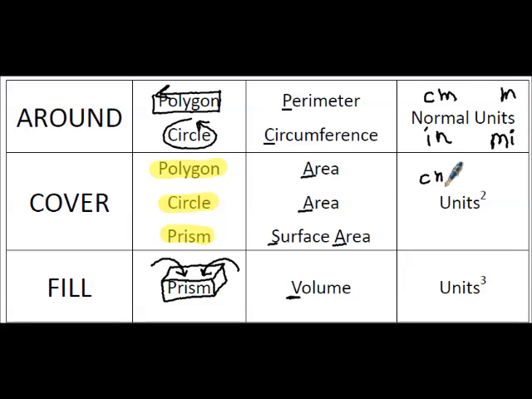And if I'm covering something with squares, I'm going to have units squared. So centimeters squared, meters squared, inches squared, miles squared, because I'm covering it with squares. And if I'm filling something with cubes or 3D objects, I'm going to have centimeters cubed, meters cubed, inches cubed, or miles cubed, or any other unit would be cubed.